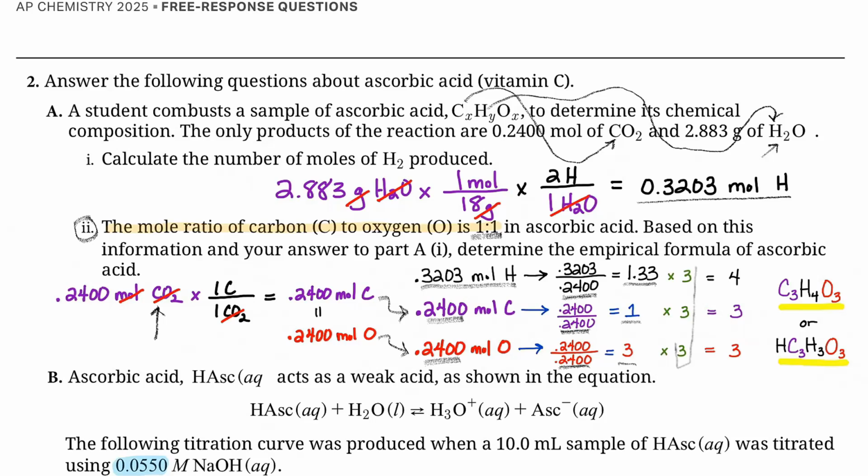I multiplied by 3. So a little extra sauce there to figure that out, and I got these whole number ratios, right? I can't put 1.33 atoms here, so I had to figure out a number to multiply all of these by so I get whole number values. And again, it was a 4:3:3 ratio, and just plug them in.